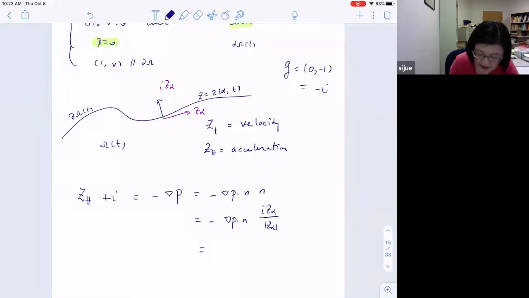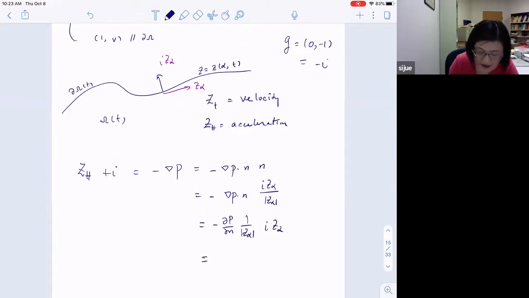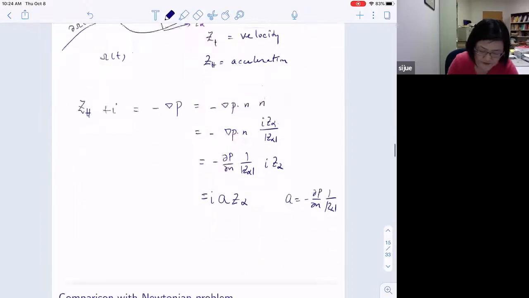And we can write this as minus dp/dn times 1 over |z_alpha|, times i z_alpha. This is something I have been using all the time: I write i A z_alpha, okay. So A is precisely minus dp/dn times 1 over |z_alpha|, okay.